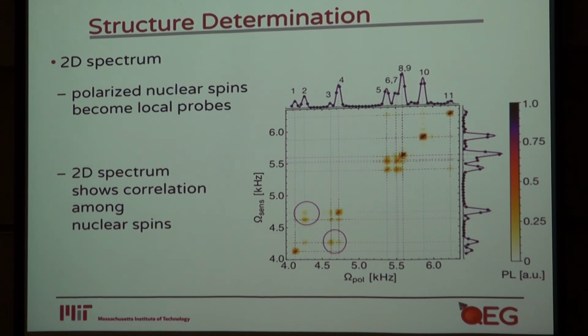But I also start seeing emerging this cross-diagonal term, which tells me I polarize this spin, and this spin was so close to spin number 3, which transfers some of its polarization to this other spin, and now I detect that polarization from there. And in this way, we can gain more and more information about the nuclear spin network and have a better idea of what the structure of the spin system itself is.